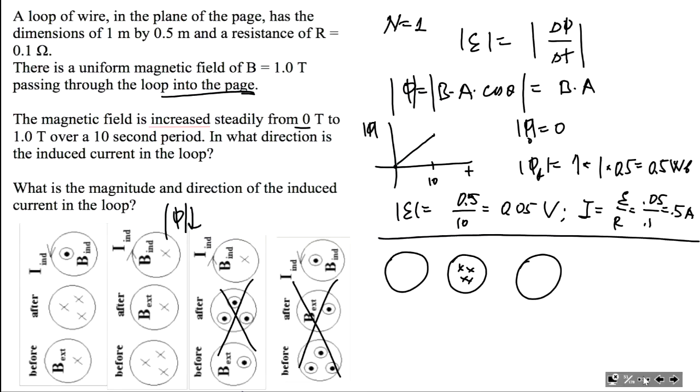In our situation, the flux increases in magnitude. So again, that's wrong. And the correct picture tells us that the induced magnetic field should point out of the screen, and the induced electric current, from our point of view, should be counterclockwise. That's it.